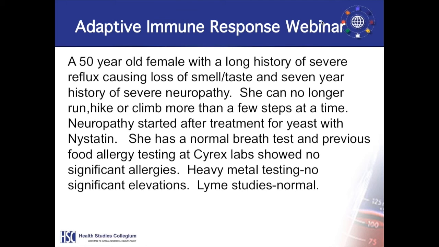And while heavy metals were not remarkable, I'm assuming this was an unprovoked specimen, and I suggest a D-penicillamine provocation to test for both essential nutritional as well as toxic minerals to confirm that inside the cells you don't have some toxic metals hiding. And the Lyme studies did not show any of the organisms associated with Lyme as the problem here, which I agree with, but that doesn't tell me what to do. It tells me one of the things that's probably not involved.